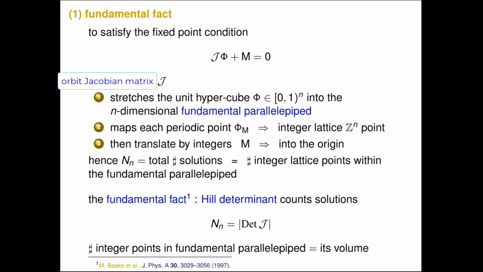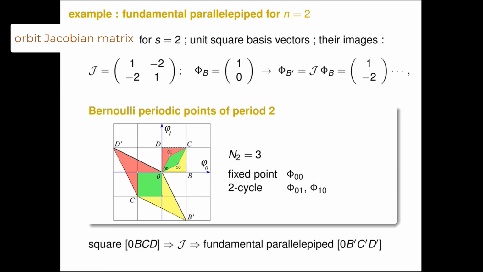That's a fundamental fact. To give you a picture, if you have period 2 systems, so 2 lattice sites repeated to infinity, then the Hill matrix is just 2 by 2, and you're able to visualize it. The edges of the unit matrix are either 0, 1, or 1, 0, these 2 vectors.